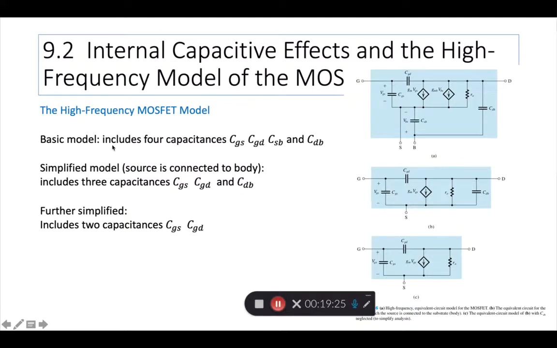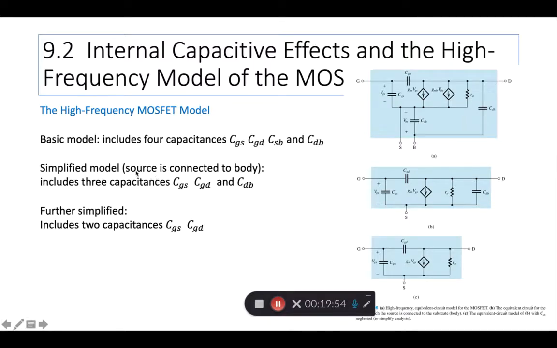There are three models we see here, 1, 2, 3. There's a basic model which includes four capacitances, CGS, CGD, CSB, CDB. One of the capacitances, which I think is gate to body, is ignored, and the other four, GS, GD, SB, DB, are shown in this model.